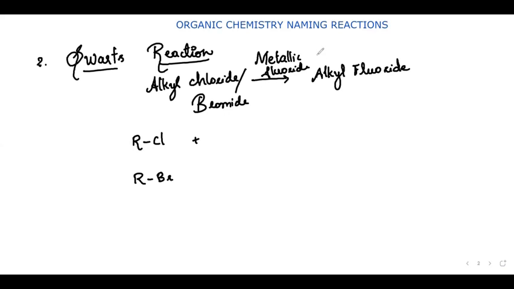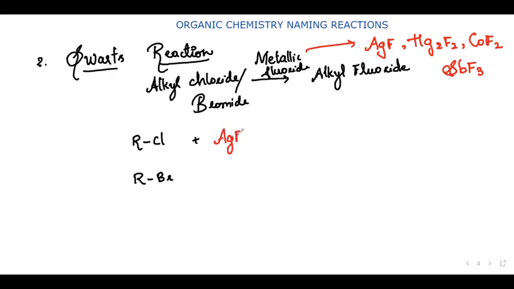What are the metallic fluorides we can use? We can use silver fluoride, AgF, or mercurous fluoride, Hg2F2, or cobalt fluoride, CoF2. Otherwise, we can use antimony fluoride, SbF3. These are all called metallic fluorides, and any one can be used. I'm going to use AgF in the first case.